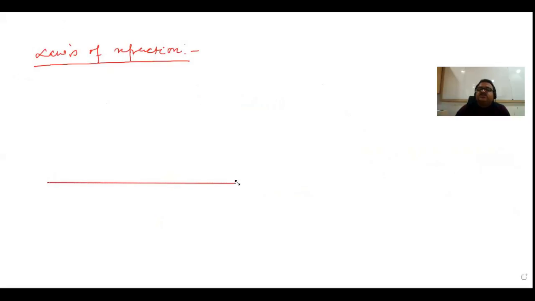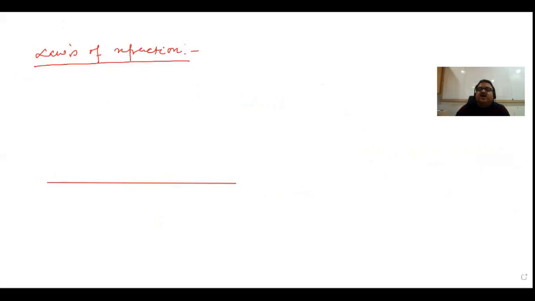So, what are the laws of refraction? Laws of refraction. Now, the question is this, say for example, suppose this is the surface of separation of two media.